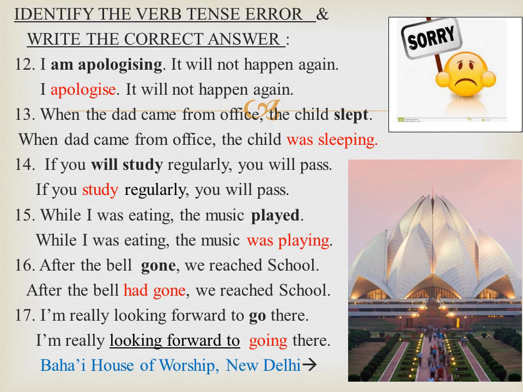After the bell had gone, we reached school. The verbal phrase looking forward to does not take to infinitive. Better use the ing form. I am really looking forward to going there. Or I am really looking forward to visiting Baha'i House of Worship. This image is Lotus Temple in New Delhi.